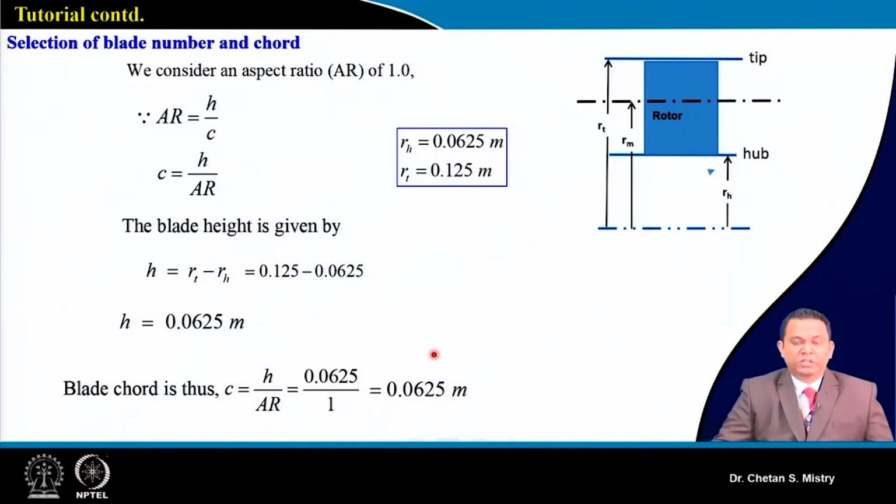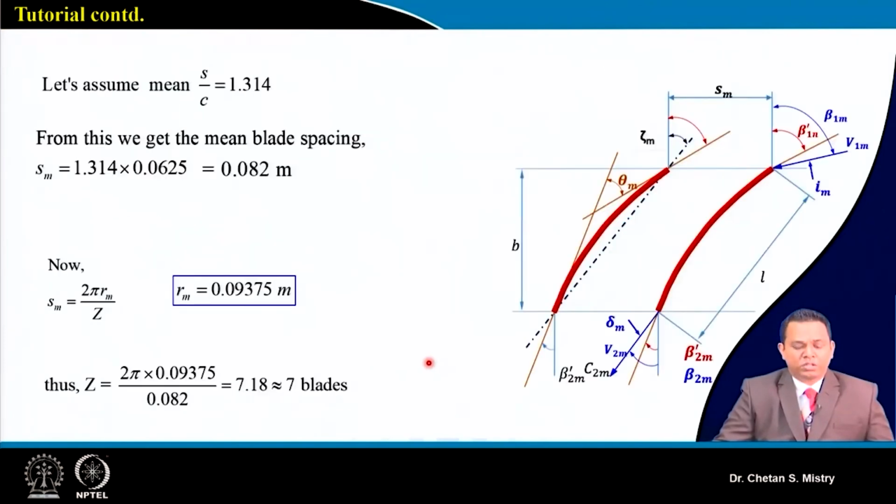Now that this is known to us, we can do our calculation for the number of blades. Again, the selection of the number of blades is always a challenging part. We are designing a ventilation fan at this moment, and for that fan, cost will be one of the criteria, so the number of blades selection is also a very important consideration.